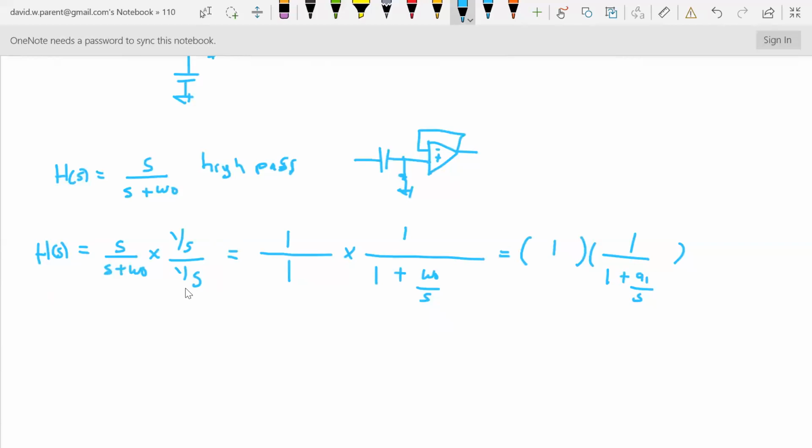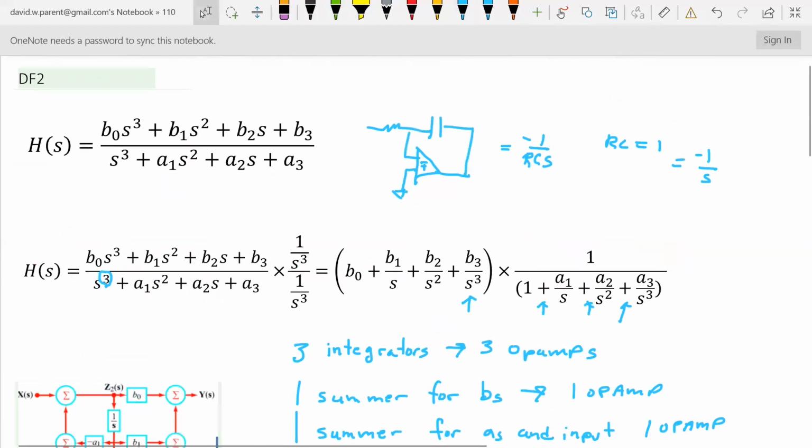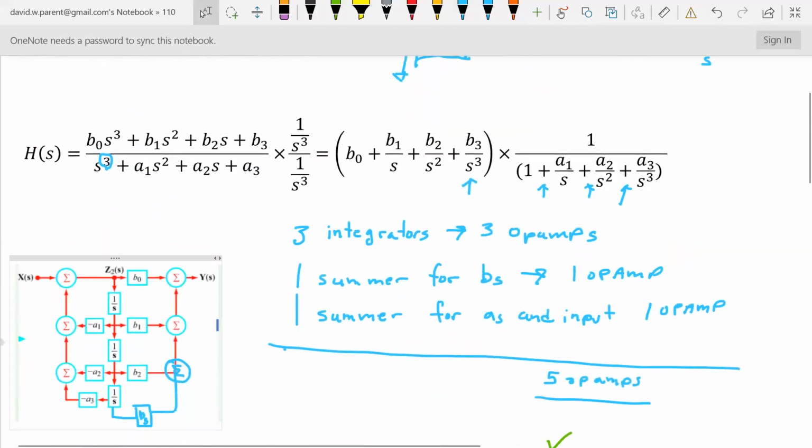So let's put it into context. So this is just a constant with no integrator term to it. So if we go back here, right, we had S divided by the order of the circuit, which was S, so it canceled out. That would be as if we had B naught times S cubed divided by 1 over S cubed. So really, there's no integrator.